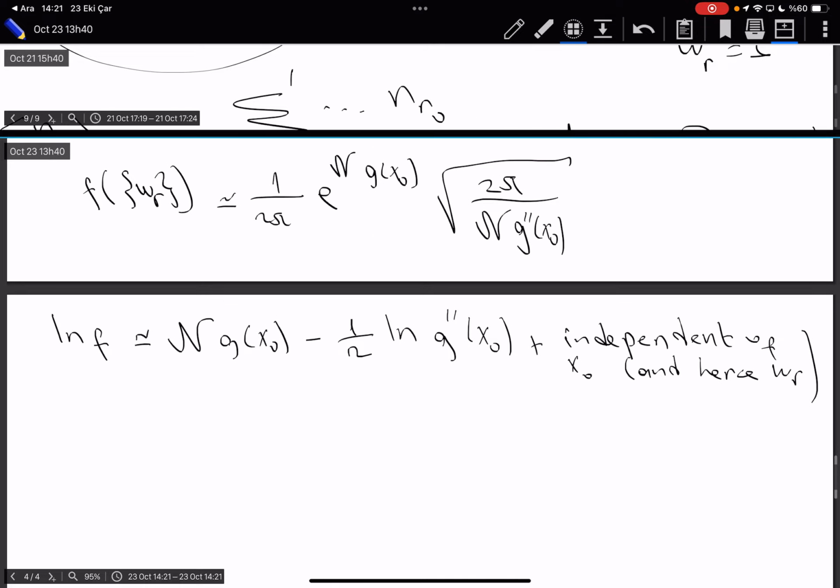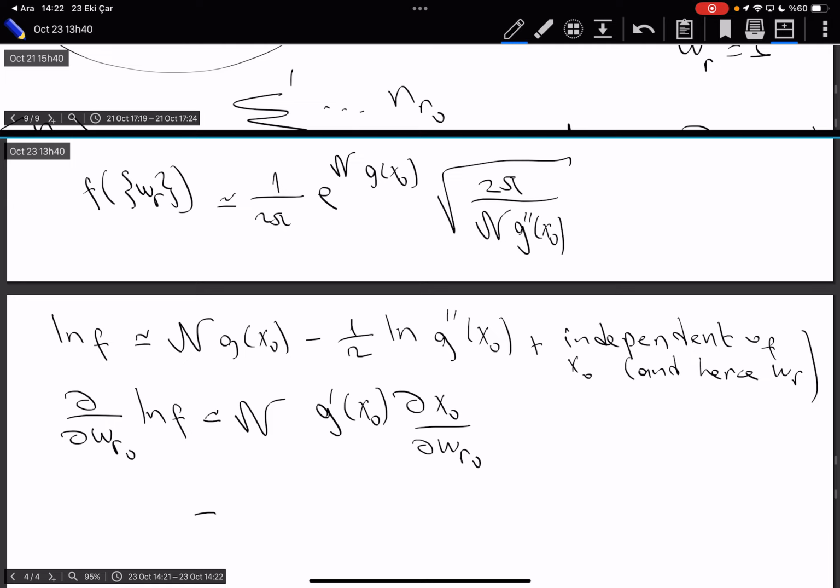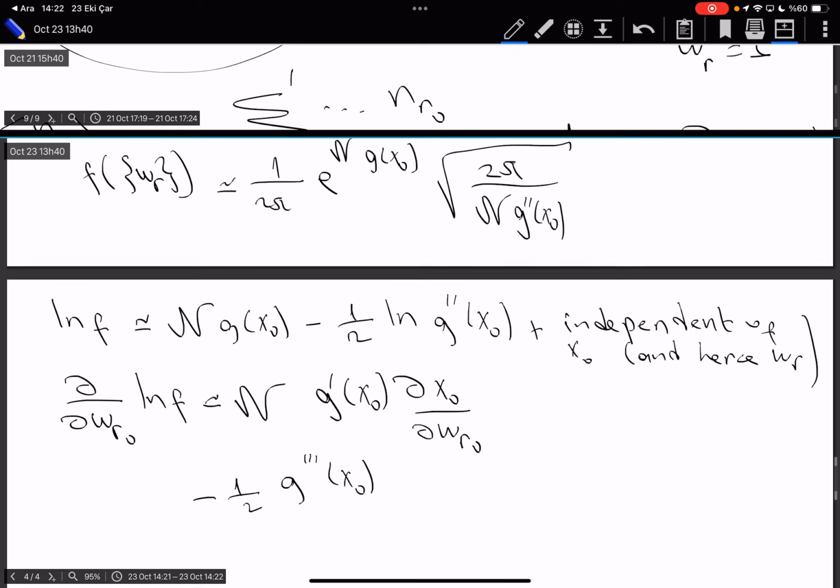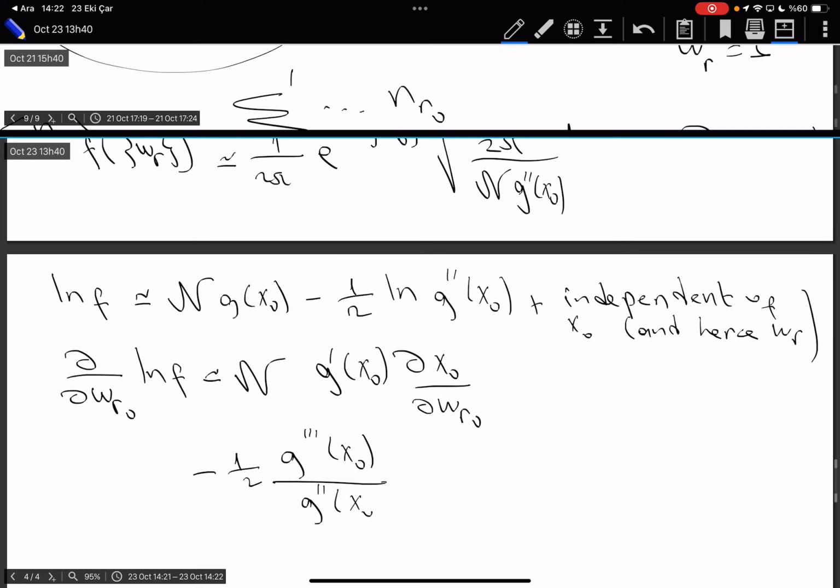And hence, the derivative with respect to omega r will be n times g prime of x0 times the derivative of x0 with respect to omega r, minus 1 over 2 the third derivative of g divided by the second derivative with respect to x0, times the derivative of x0 again with respect to omega r.